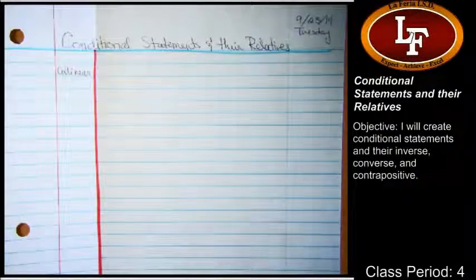Points on the same line? Yeah, there it is. Points on the same line. Fantastic. How do you write that in this if-then kind of way? If something, then something else.